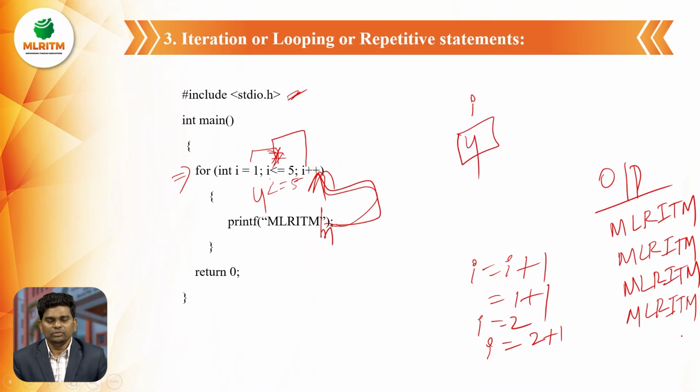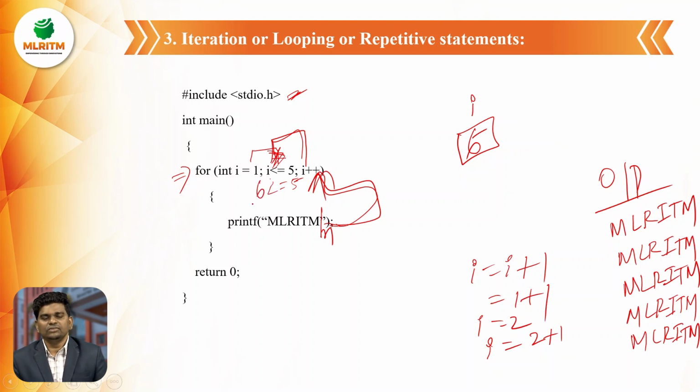Then again go to the modification i plus plus; now the i value becomes 5. Check the condition again: 5 less than or equal to 5, again true. It enters into the body, again MLRITM. Then it goes to the modification i plus plus, the i value becomes 6, and then it checks the condition.